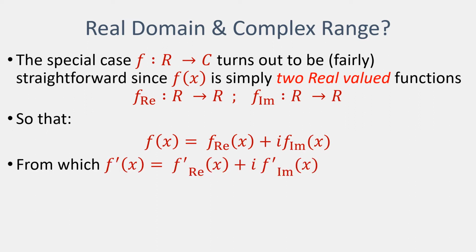And if we look at our standard calculus rules that we saw a few lectures ago, the first derivative that we find is the first derivative of the real part function plus i multiplied by the first derivative of the imaginary part function.